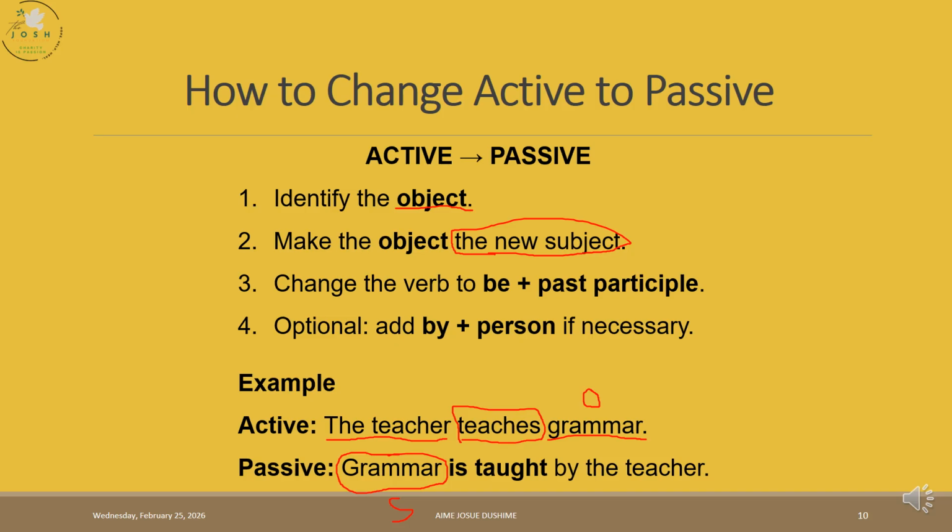The next, third step, we say that we take the form of be. Because this is teacher teaches, it is a present simple. Remember he, she, we add s or es to the verb like that. So if it is a present, we use is because grammar replaces the subject it. Grammar is.